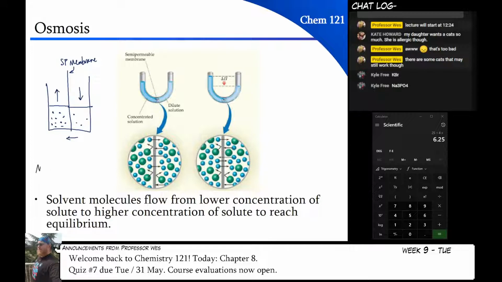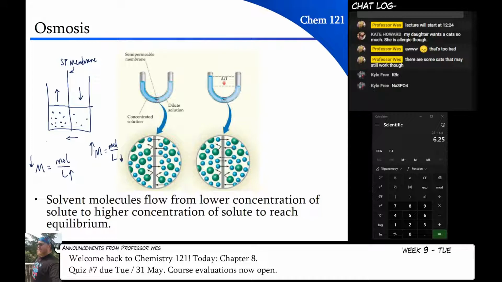Well, if concentration can be expressed like this, or in other words, how many particles there are divided by the volume, if I make the volume go up, I'm dividing by a bigger number, and therefore the concentration would go down. Likewise, for the other side, if the volume is reduced, the concentration goes up.